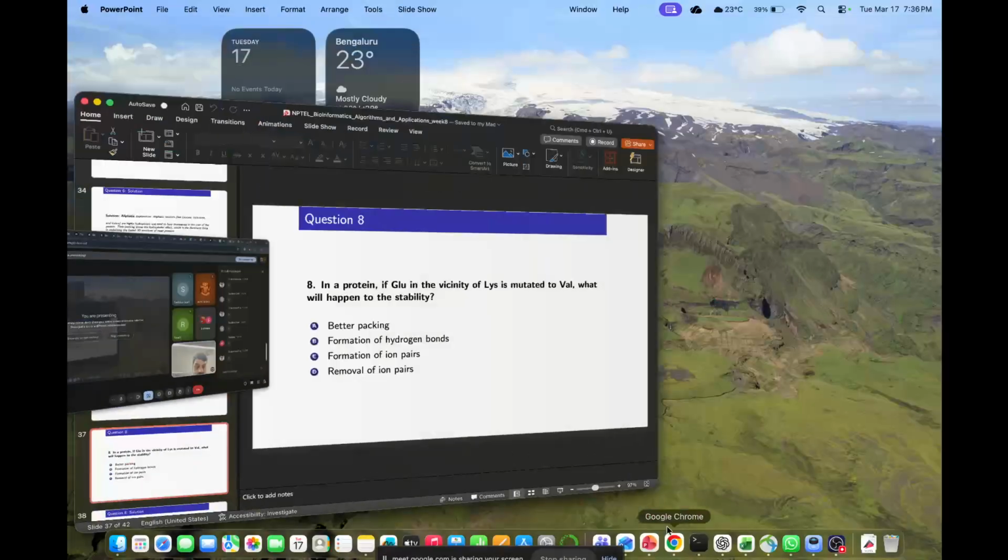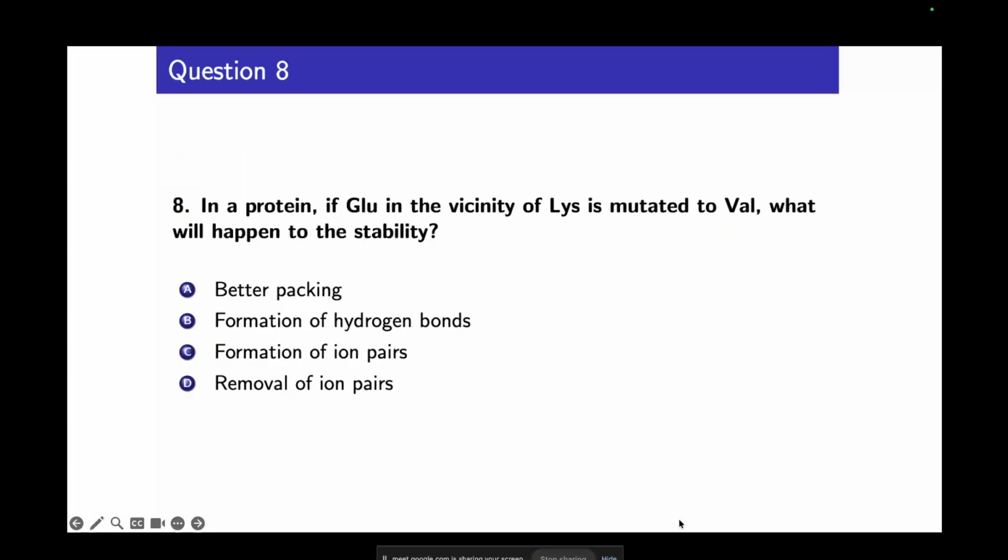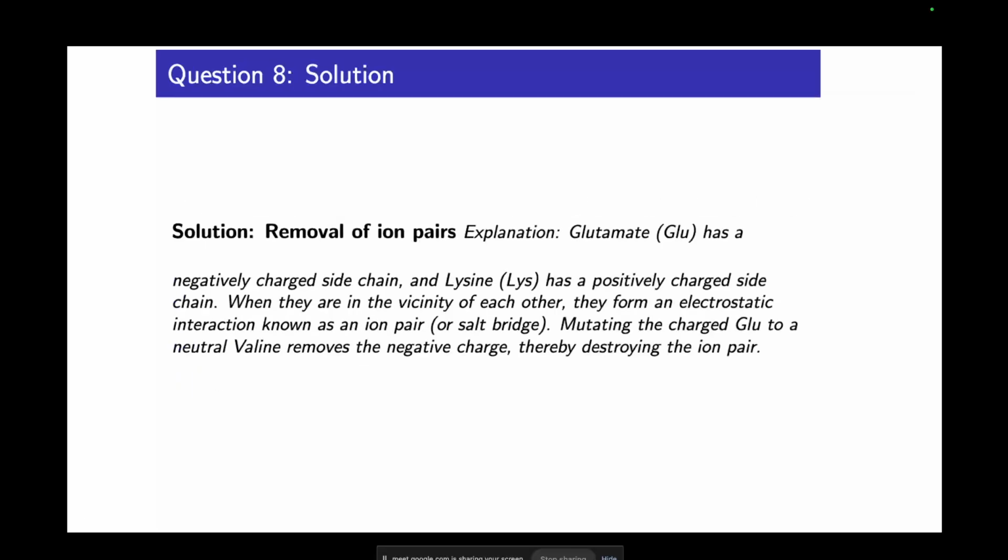Okay, the question is that you are replacing glutamic acid in the vicinity of lysine. You are replacing the glutamic acid with valine. So, glutamic acid is a charged amino acid, and lysine also is a charged amino acid, but the charges are opposite. So, glutamate has a negative charge, lysine has a positive charge.